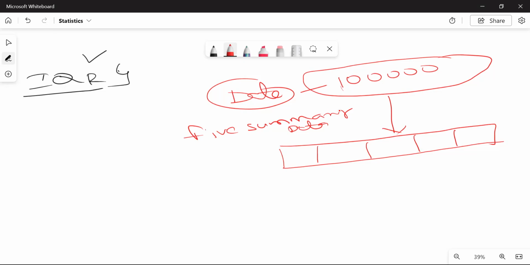5 elements. The first element is the minimum element. The second element is the max element. The middle element we can call the median element. In terms of percentile, it's the 0 percentile, the 50 percentile, and the 100 percentile of the data. The middle two are the 25% and 75% of the data.